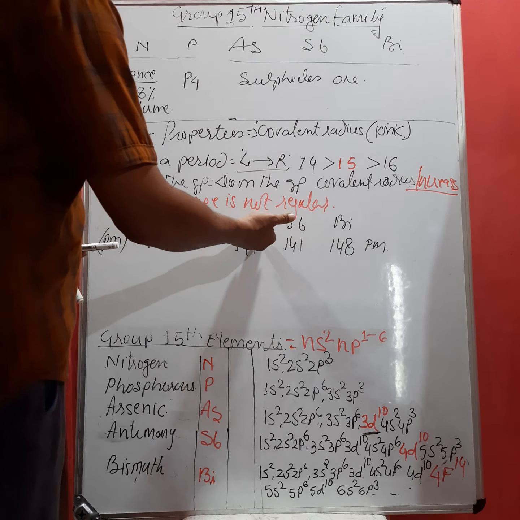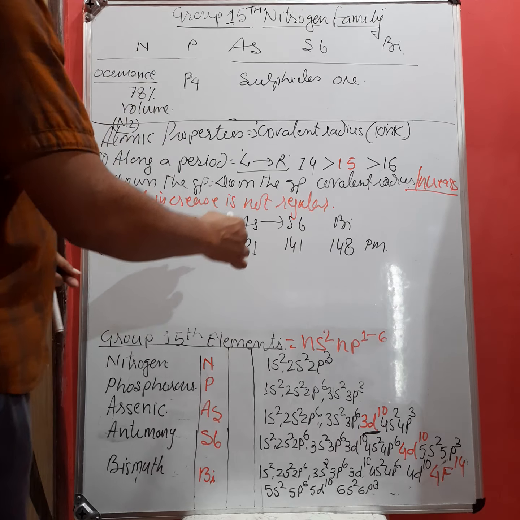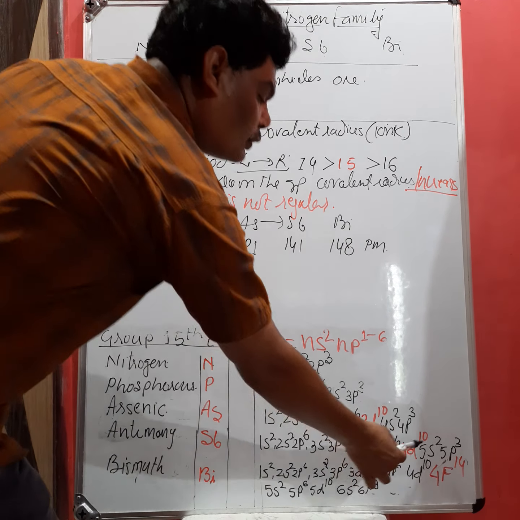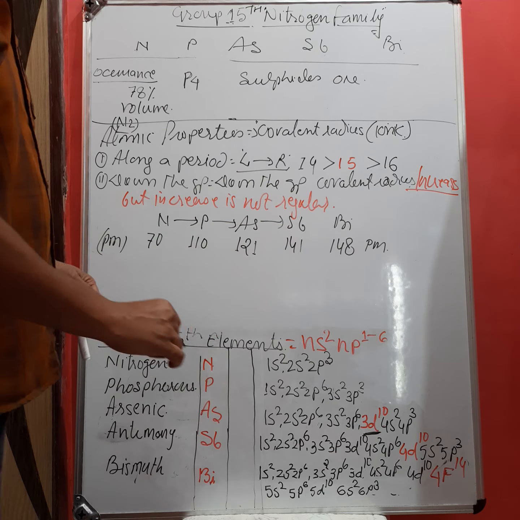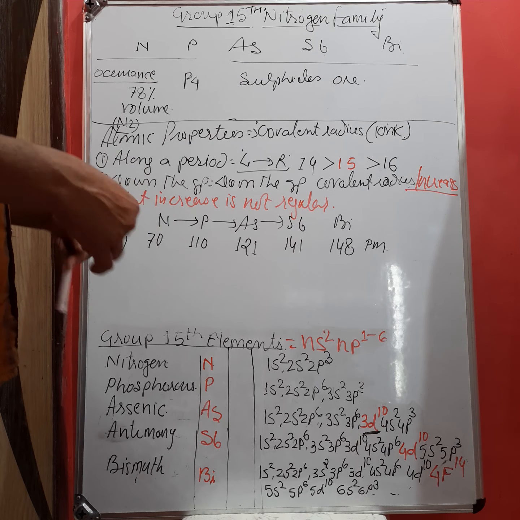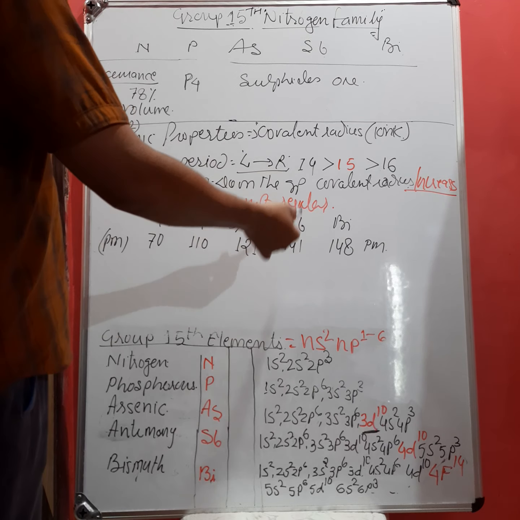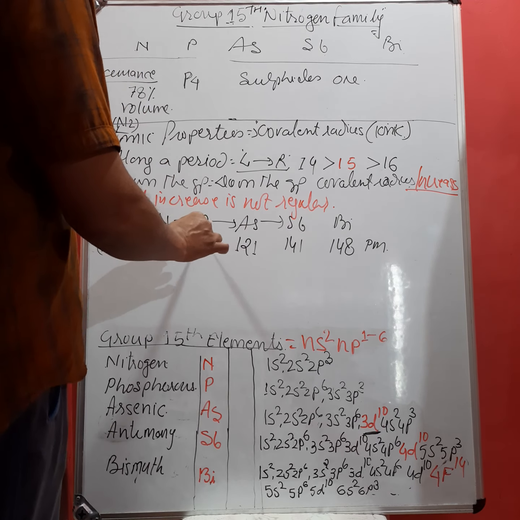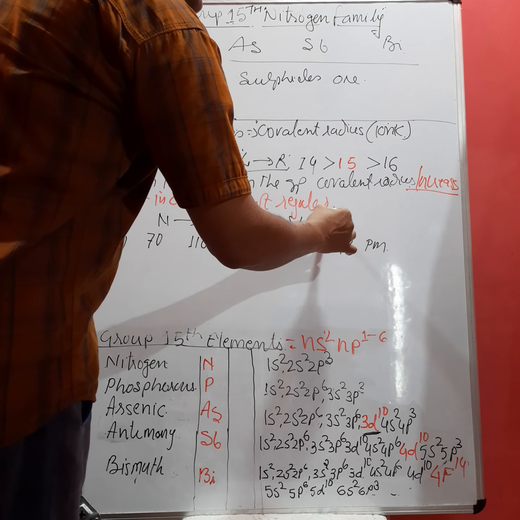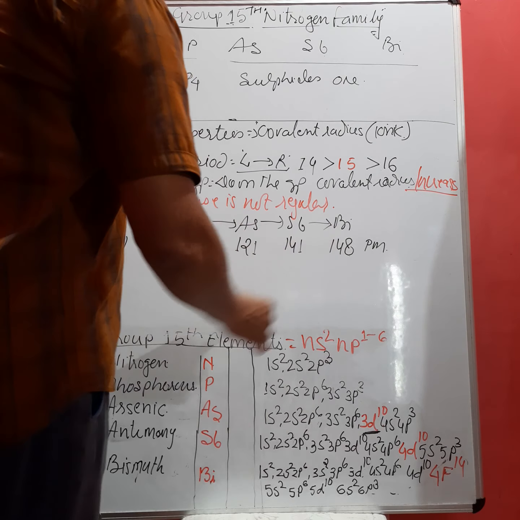Now, if we judge from As to Sb, we can see there is a 20 picometer increase. Okay, why? Again the d subshell is introduced, but it already affected the atomic radius, and therefore now it doesn't affect more. Thus now the increase in covalent radius is a little more as compared to phosphorus to arsenic. But in the case of antimony to bismuth, the increase is only 7 picometer.